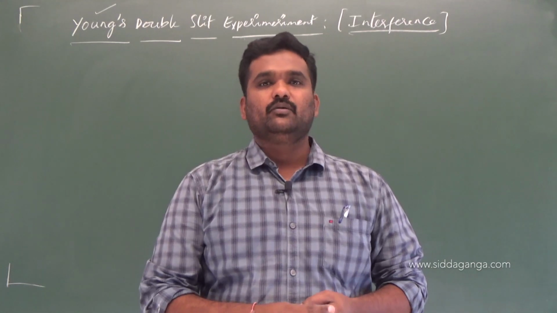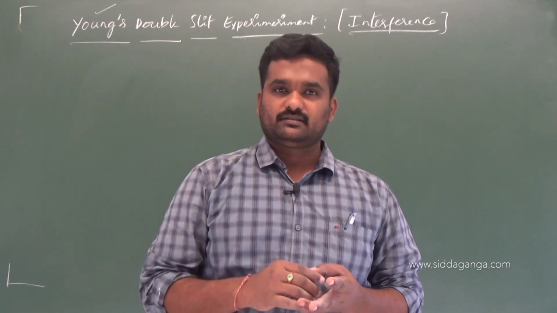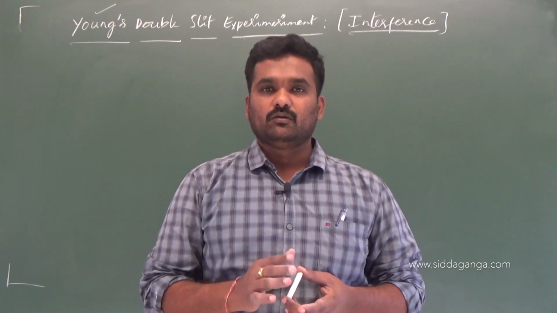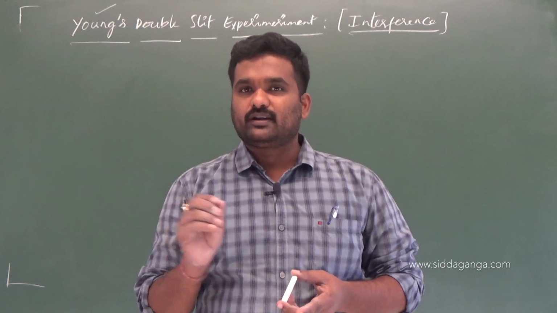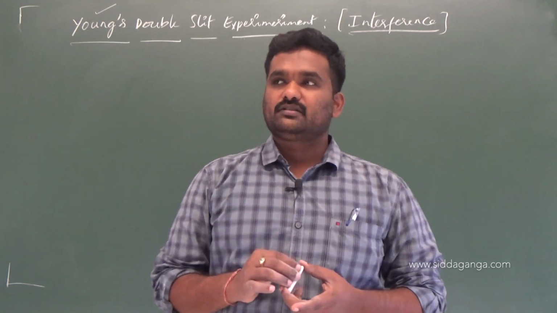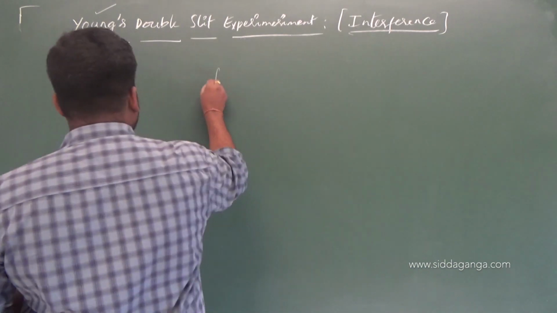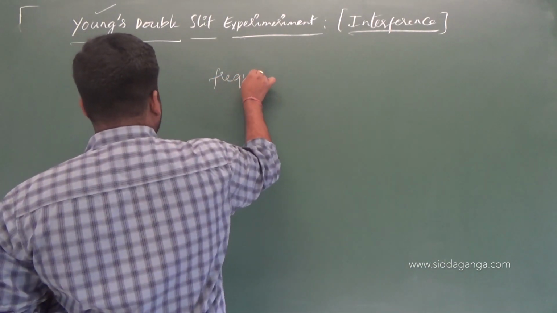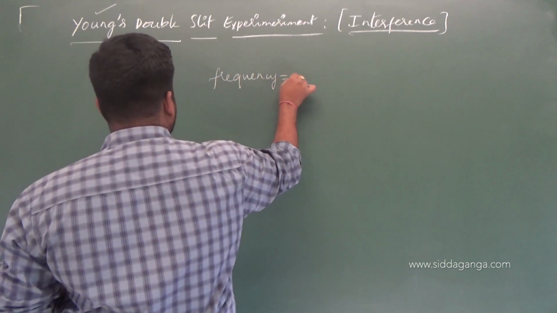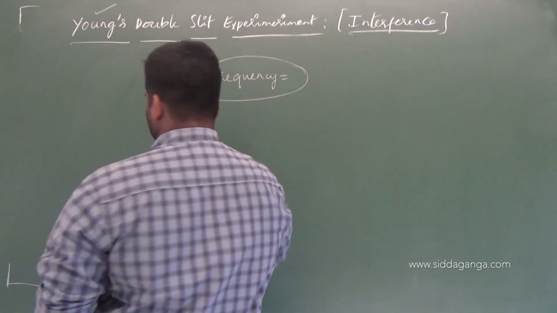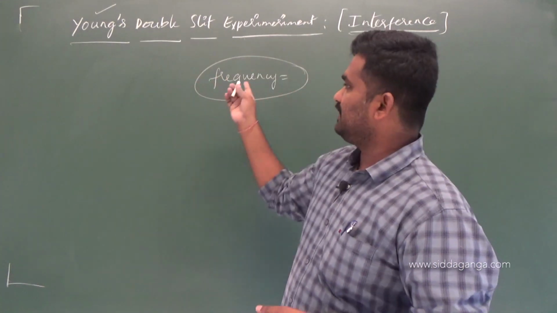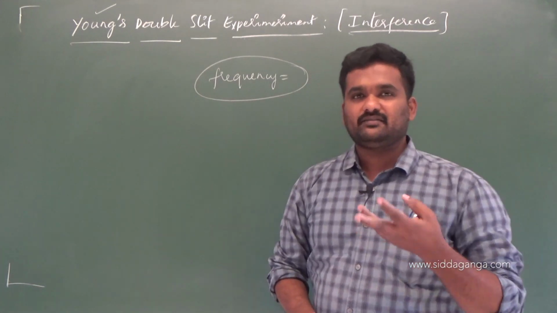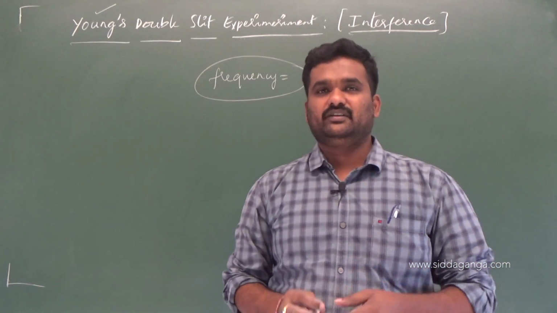Now, practically how can you obtain two coherent sources? Is it possible to obtain two independent coherent sources? The frequency of the two waves to be superposed should be constant. How can you have two light waves of the same frequency? If I take same colored light, monochromatic, meaning single colored light, both have the same frequency.